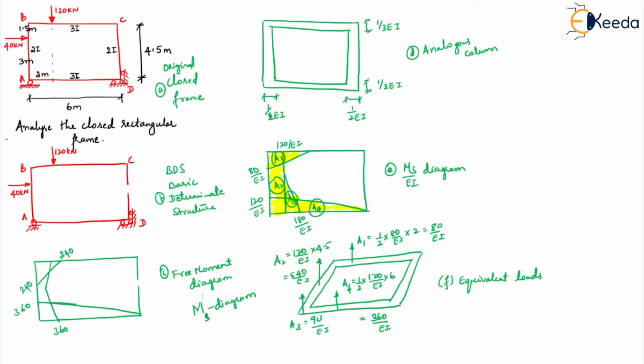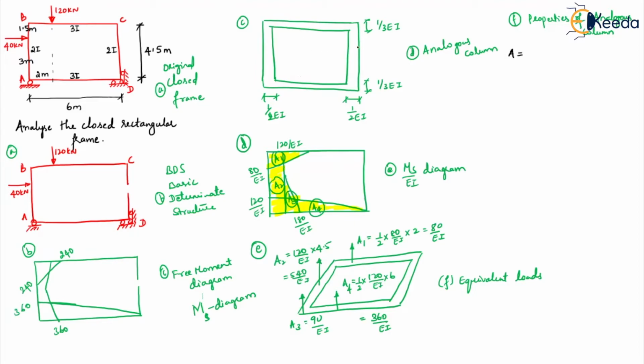So if we name the steps step A, B, C, D, and E, now we're going for step F, properties of analogous column. In which first we have to find the area. Okay, very simple.